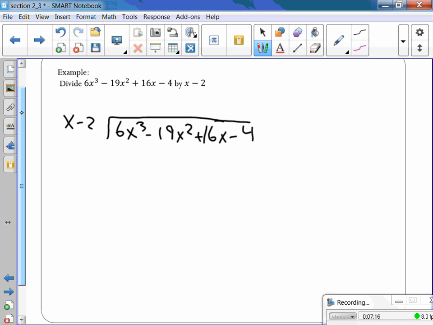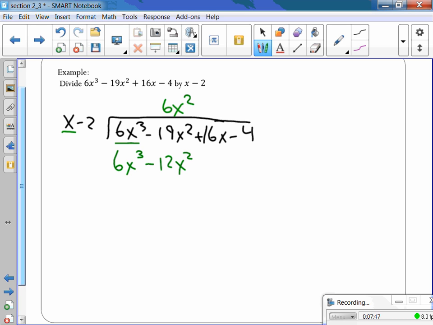Absolutely. So we do what? I want my x to look like 6x cubed. Oh, 6x squared. Absolutely. So now I take that 6x squared and multiply it by my divisor. Giving us what, Jordan? 6x cubed minus 12x squared. Absolutely.